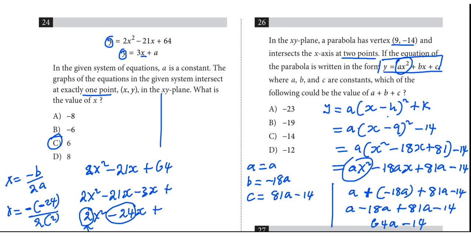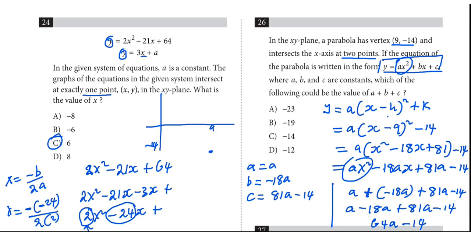So if you have this kind of graph like this, and maybe this is negative 14 here, and this is 9, so the vertex could be at this point.